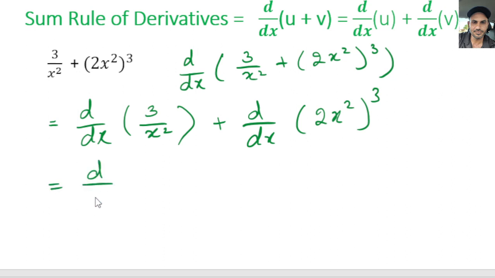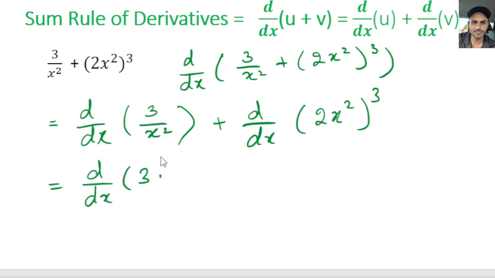Instead of 3 over x squared, I'm going to write it as 3 times x to the negative 2, because I can use the laws of exponents, where if we have something in the denominator, we can bring it into the numerator and change the sign of its exponent. So this is exactly what I'm going to do here.